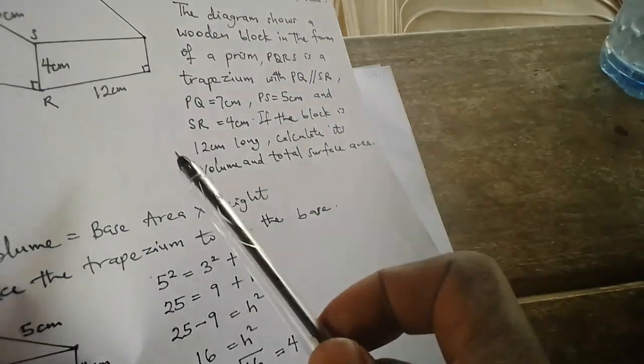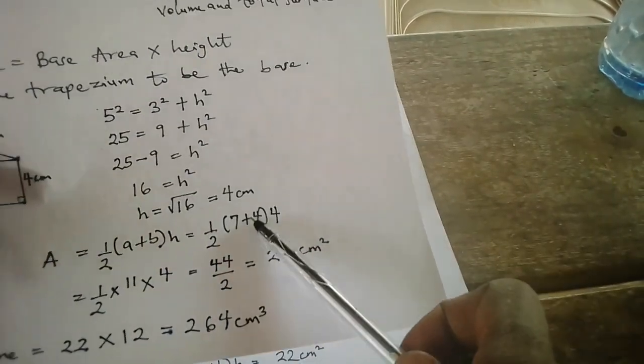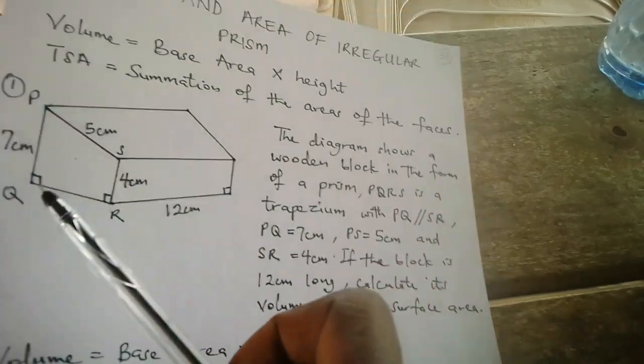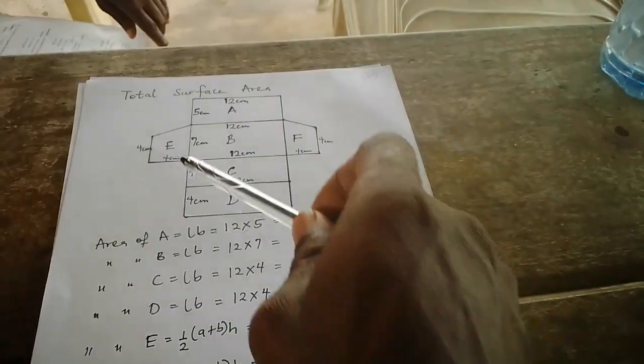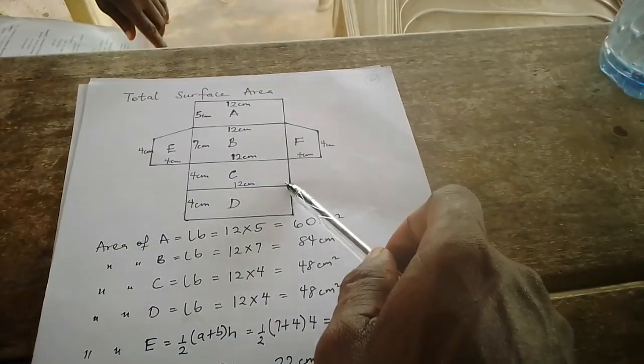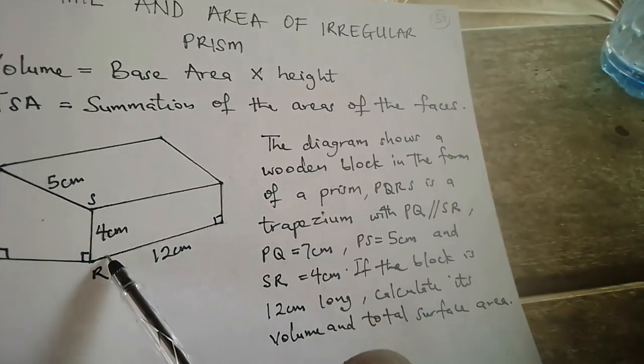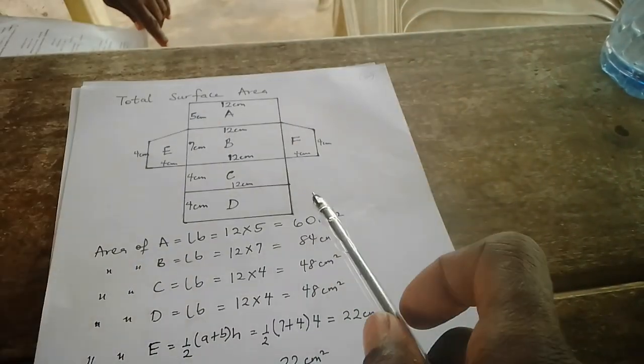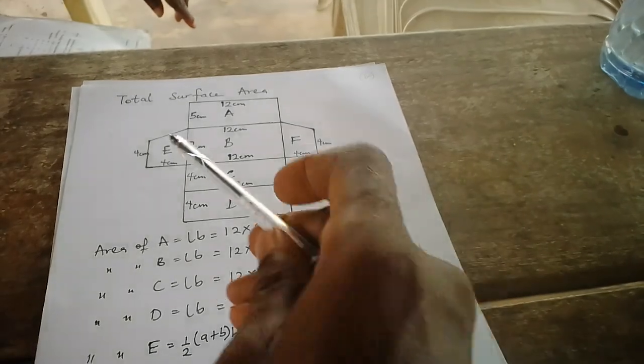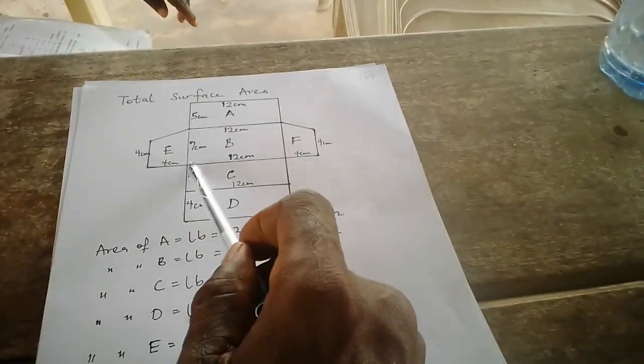So you know that's what we calculated the other time using the Pythagoras rule to be able to get this side to be 4. So that's what you have here. Then times this 12. Then the face here is still what? This one is already 4, then times 12 again. So we look for the area. Then for these other two, they are trapezium.